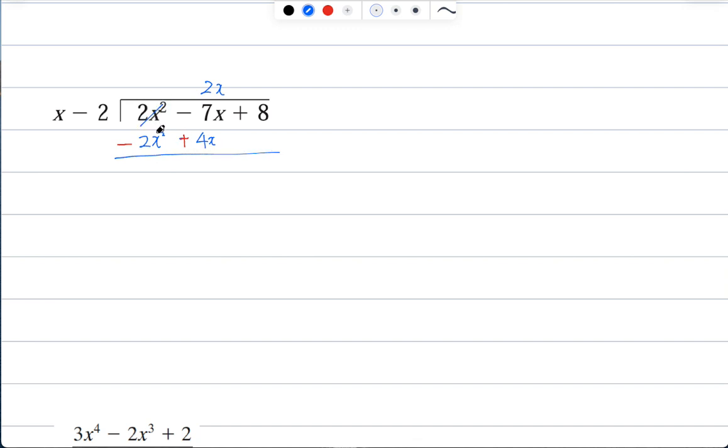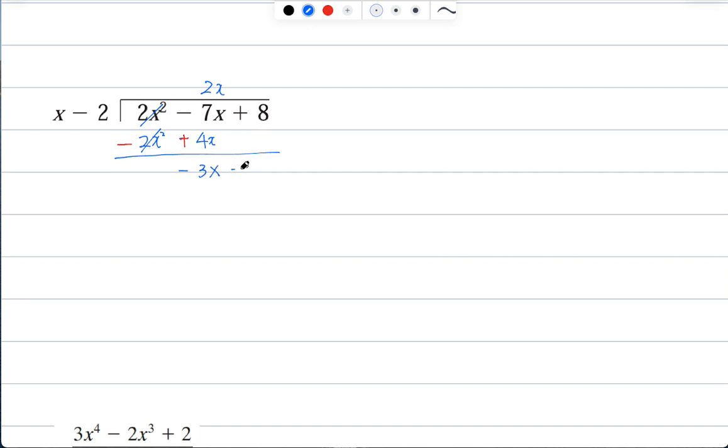2x squared subtract 2x squared is gone. Negative 7x was supposed to be negative 7x minus negative 4x, but we apply the negative sign, so it becomes plus 4x. So negative 7x plus 4x gives negative 3x.